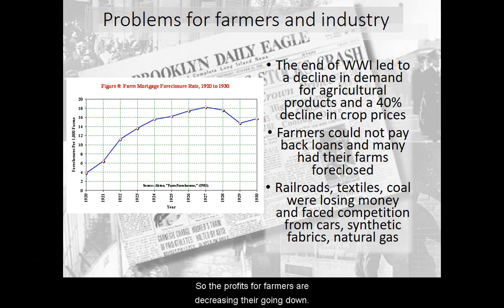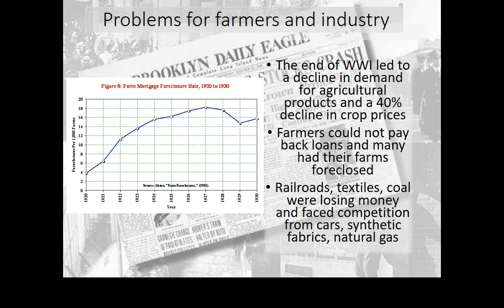So the profits for farmers are decreasing. Because of this, farmers can't afford to pay back their loans. And if you don't pay your loan, the bank takes your stuff. And so a lot of the farms were foreclosed upon, which means basically the bank took those farms away from those people.